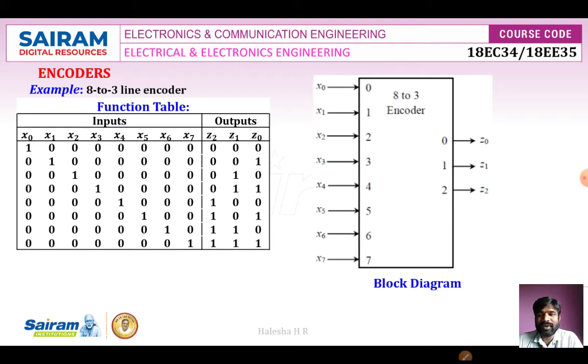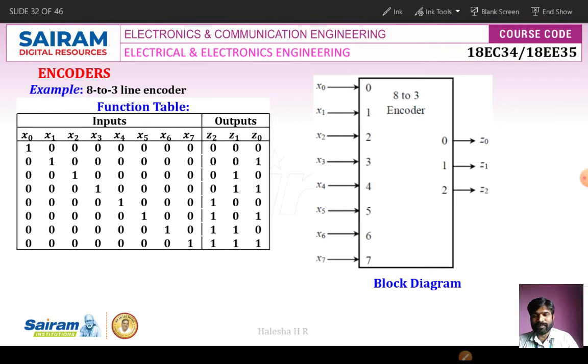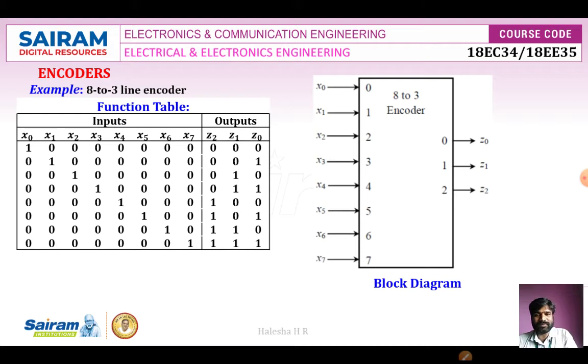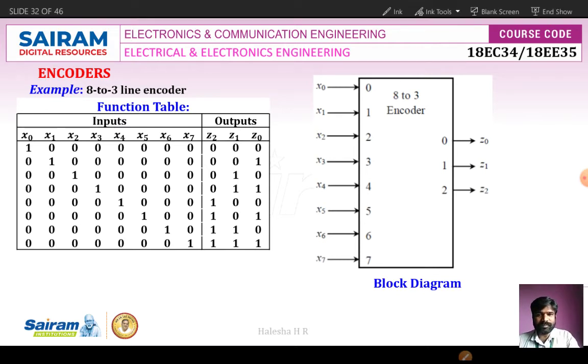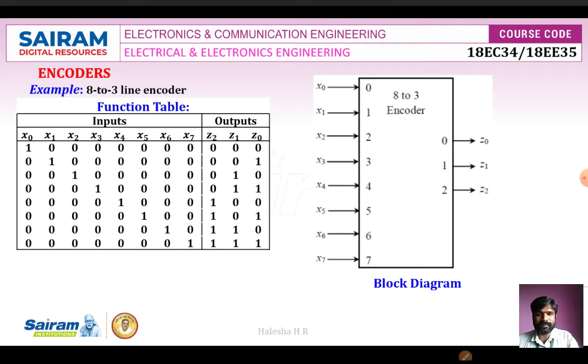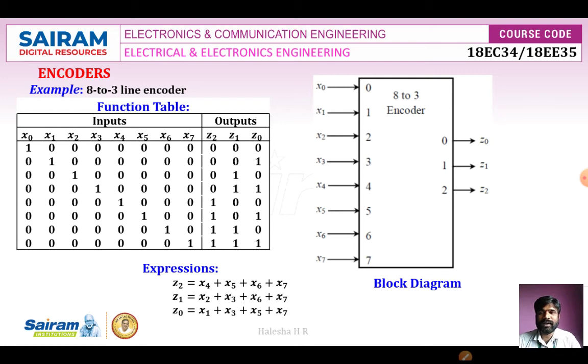Similarly, observe when x4 is selected, the output is 1 0 0. This is the function table of the 8 to 3 line encoder. Now see the expression.